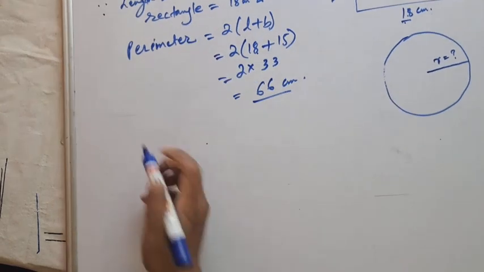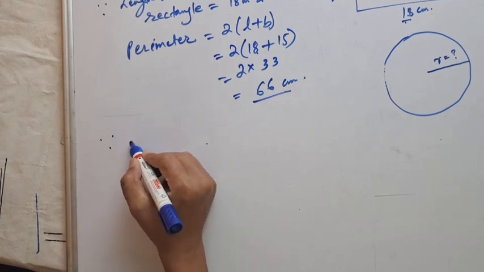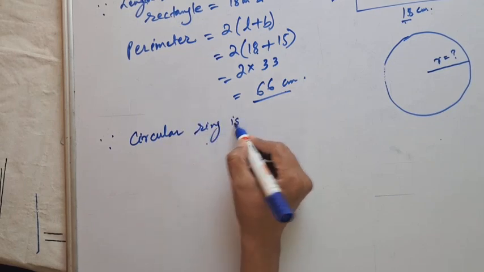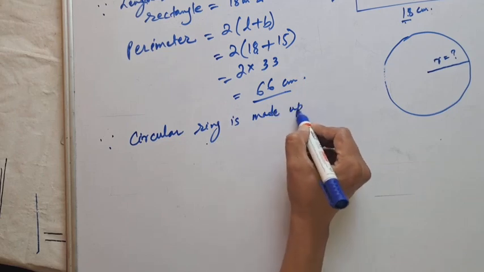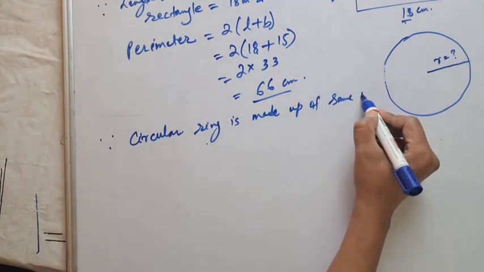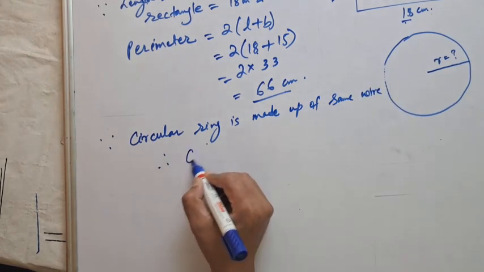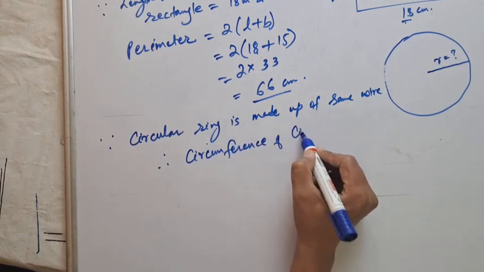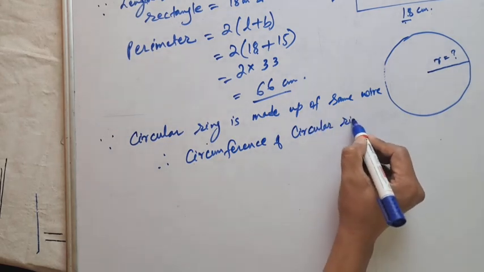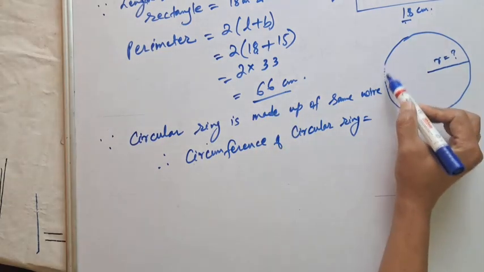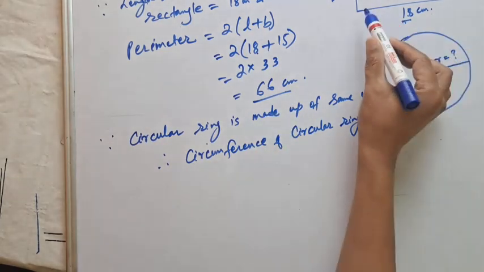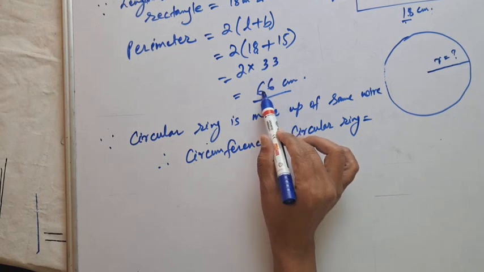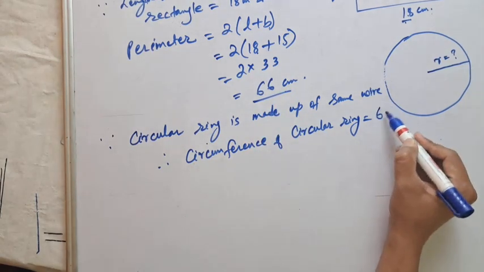Since the circular ring is made of the same wire, therefore the circumference of the circular ring is equal to, since it is made out of the same wire of which the rectangle was made, if the perimeter of the rectangle is 66 centimeter, then the circumference of the circular ring should also be 66 centimeter.